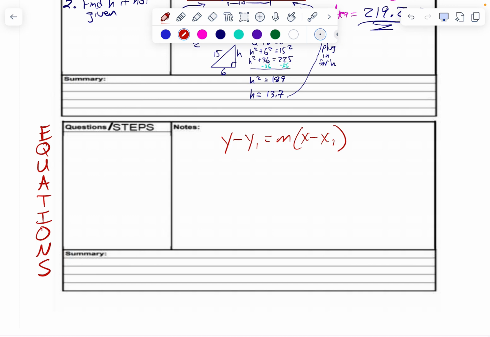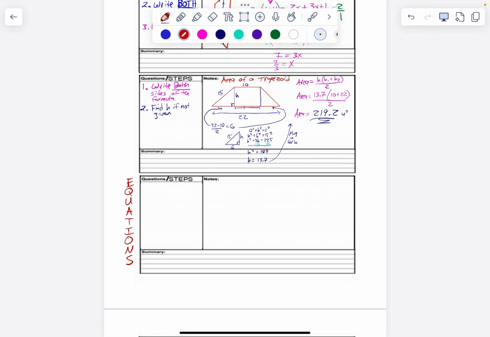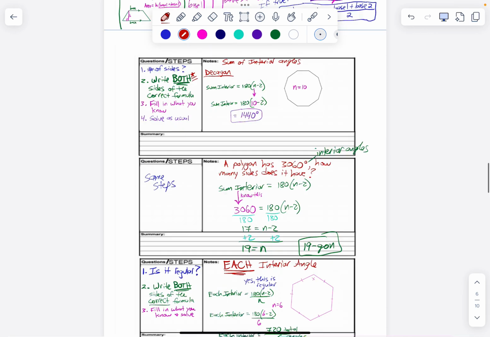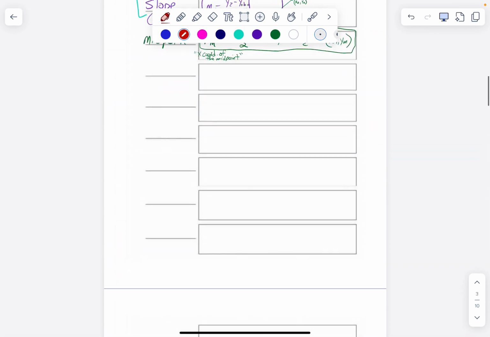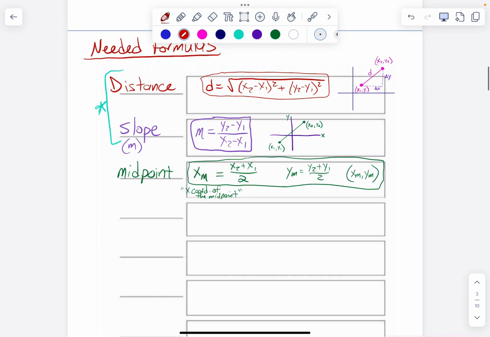I tend to teach this method and then convert it to slope intercept, and it's because it's usually easier to write. Actually, almost always easier to write it this way. So maybe let's come back to the example because I can tell we're a little bit weak on this. That's okay. We'll take some notes under this needed formulas section on the equation stuff, and then we'll come back and do that.